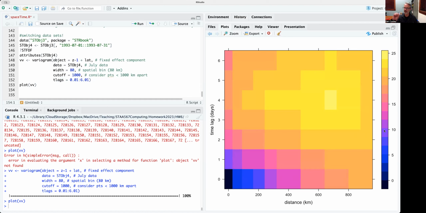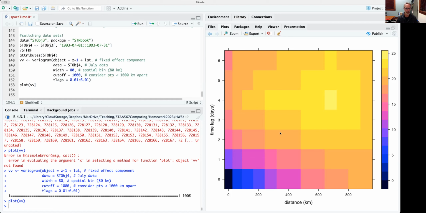And so that's that jump that we saw at lag 1. So this gives us some kind of visual representation for how the spatial and temporal structure behaves.